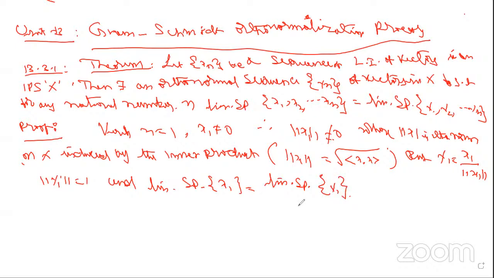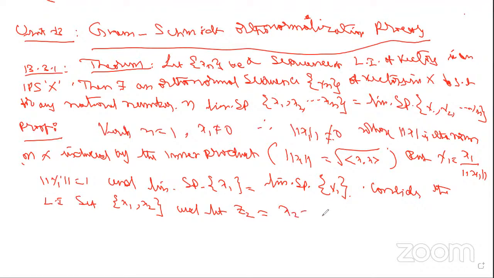Next, consider the linearly independent set x1 comma x2, and let z2 equal x2 minus the inner product of x2 comma y1 times y1.